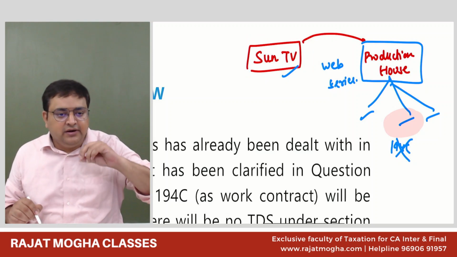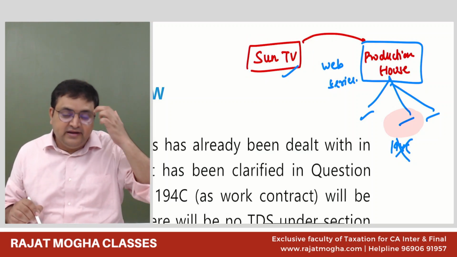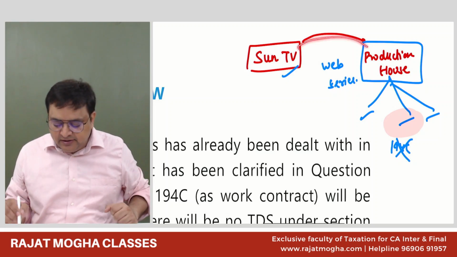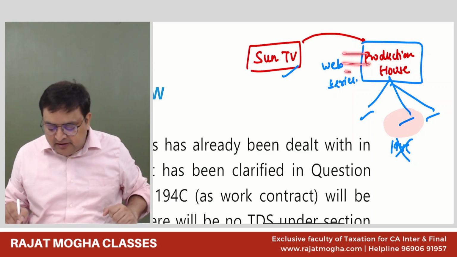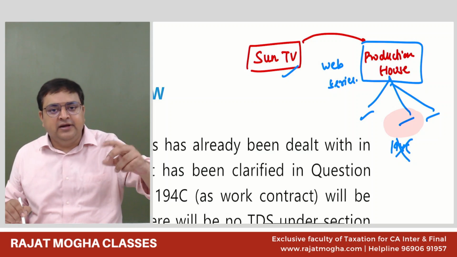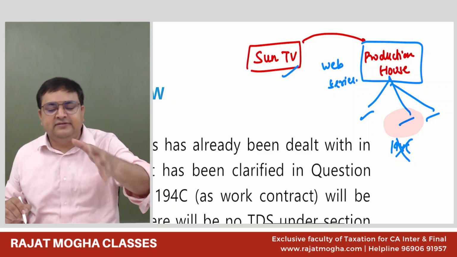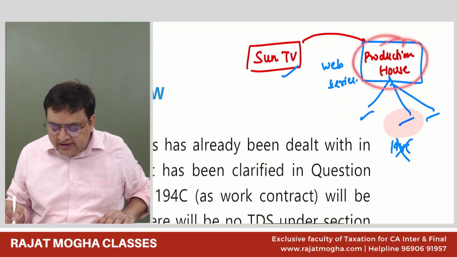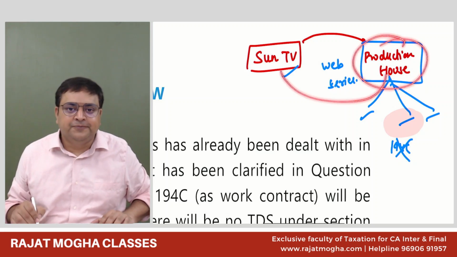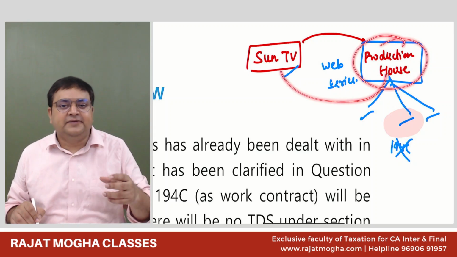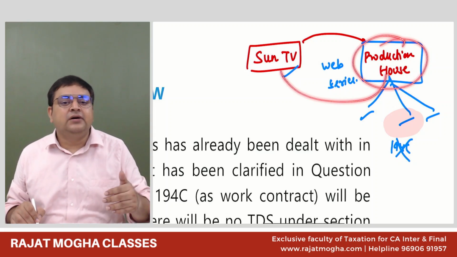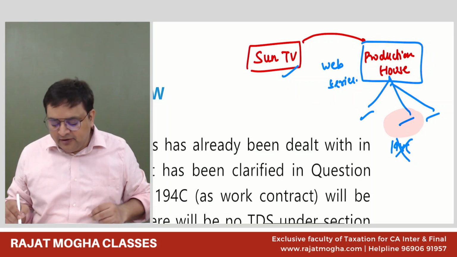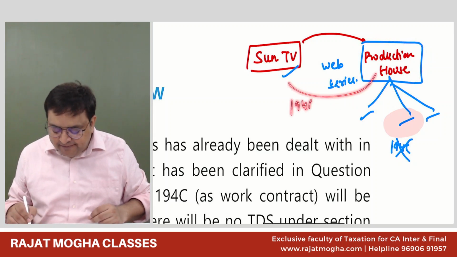But in case they went to the production house and gave the specifications that we want to telecast a show like KBC, Kaun Banega Karodpati, and you make the format, and on this particular day this guest will come, and these people are now working as per their specifications and producing a customized web series or any other show, then in that case 194C implications would be there.